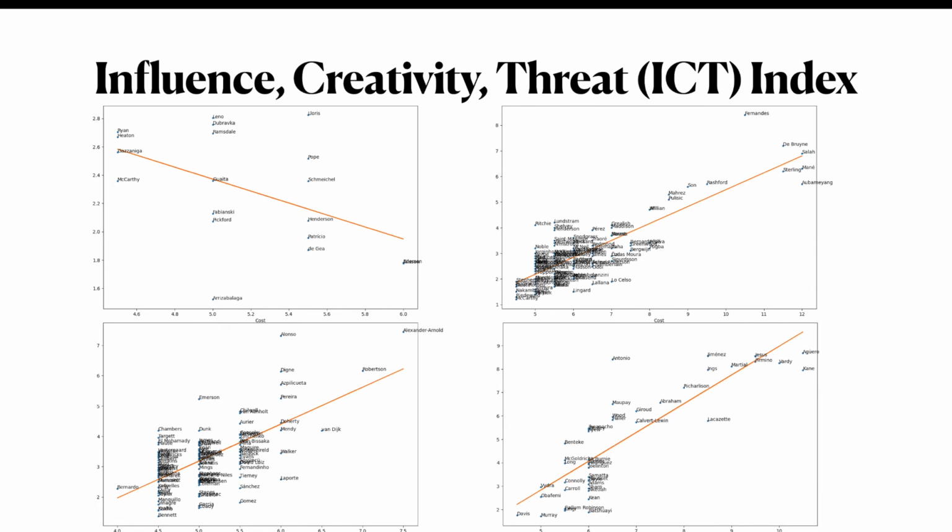Another interesting note is Henderson there. So Henderson for Sheffield United, we saw him very high up on the points per game. But if you see here, his influence is actually quite low. And I think that's because Sheffield United's defence is so good as a unit that he doesn't necessarily have to make many saves.